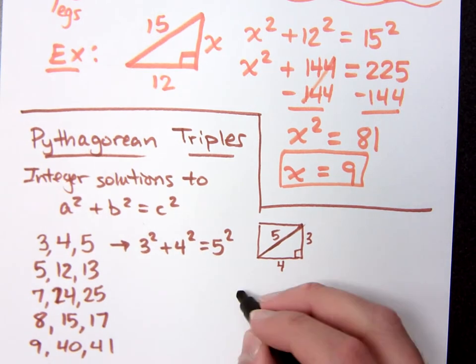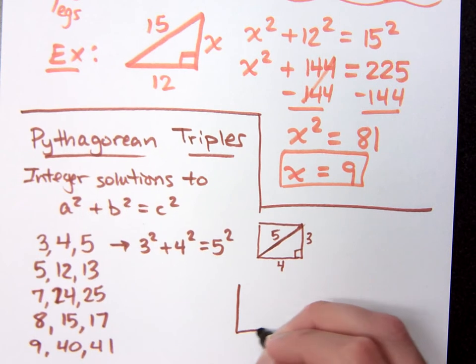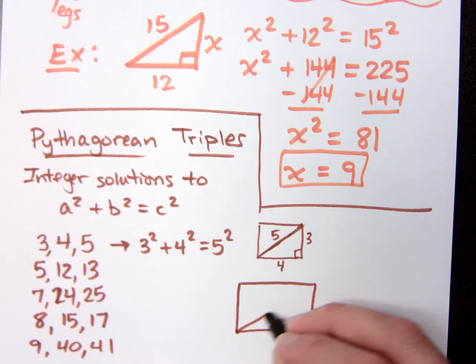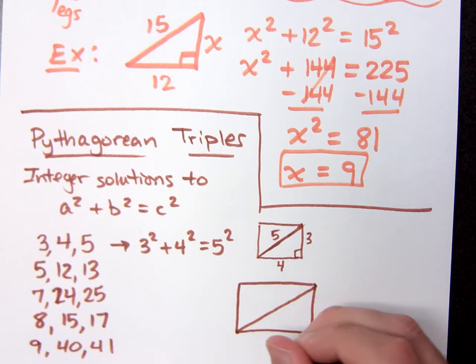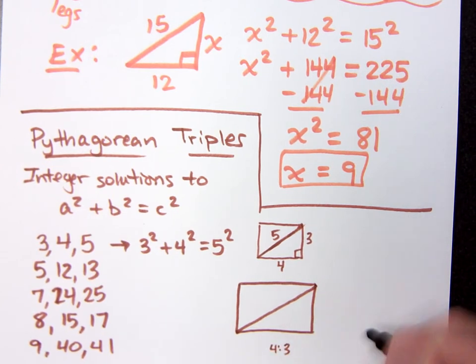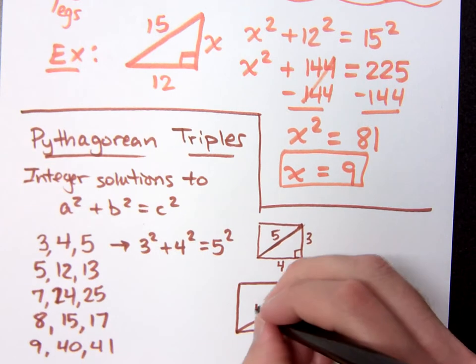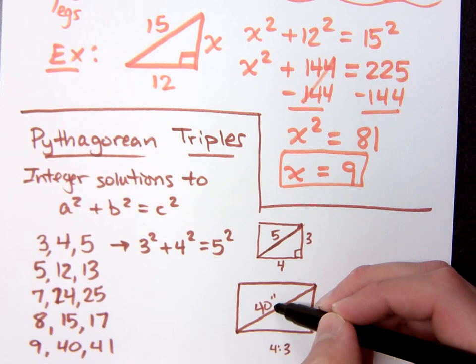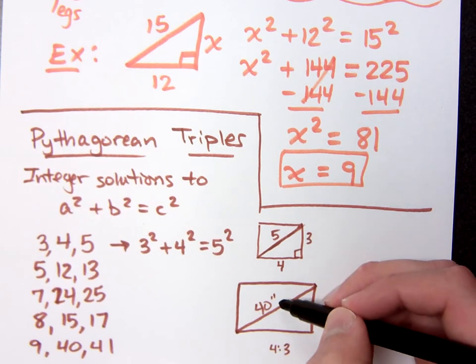So, going back to that TV example, if I said the aspect ratio is 3 to 4, or as they would say 4 to 3, and this is 40 inches, by what factor is it bigger than the 3, 4, 5? It's bigger by a factor of 8.